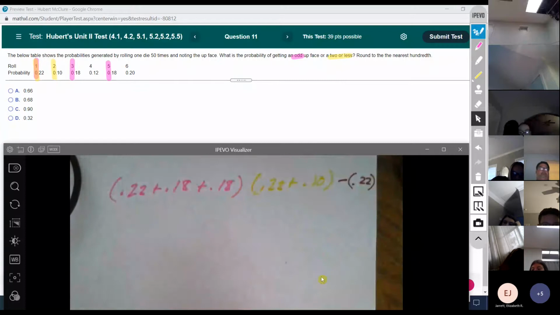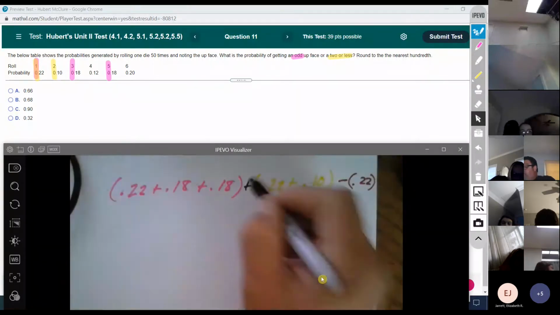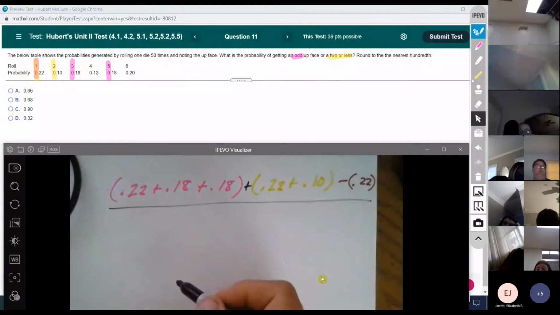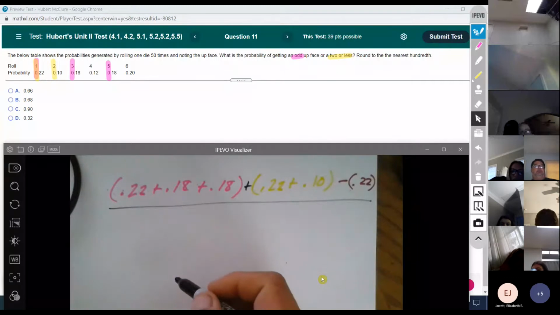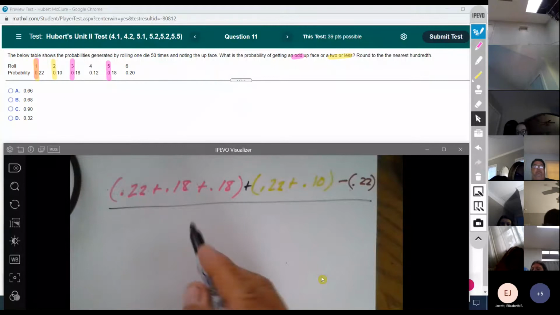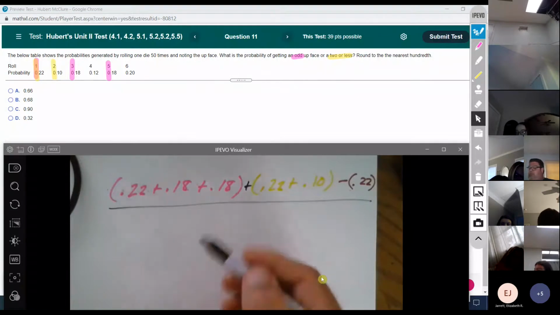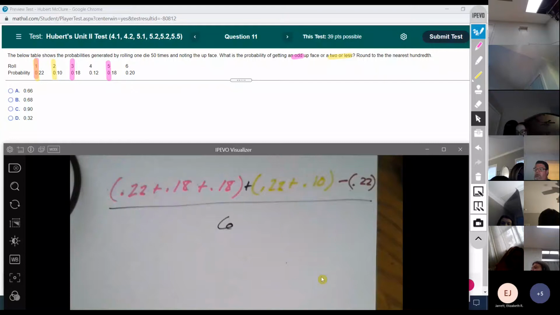What's our overlap? 0.22, Hubert. That's right, class. Of course, we're going to divide by 6 because there's 6 sides. So 0.22, unless they just want us to add them, because they've already been calculated.